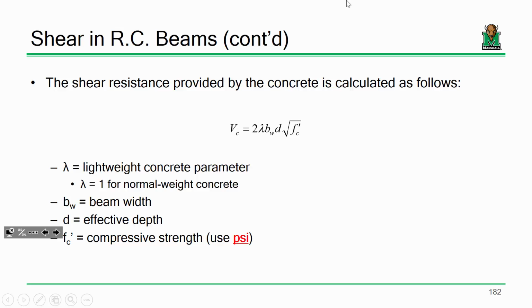That's a good question, and the answer primarily relates to ductility. If you recall from bending, the level of safety associated with a beam was related to how much strain you could develop in the steel. Based on different beam proportions, you can get different levels of strain in the steel.